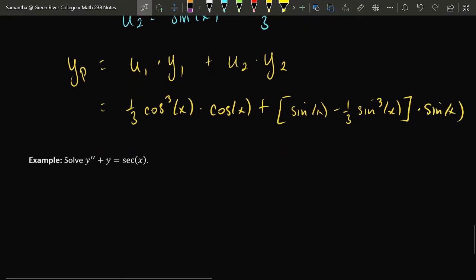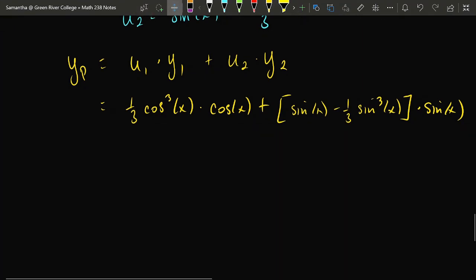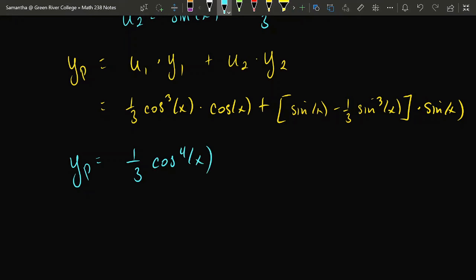So after a little bit of simplification, we find that our particular solution can be written in the form 1/3 cosine 4x plus sine squared x minus 1/3 sine to the 4th power.